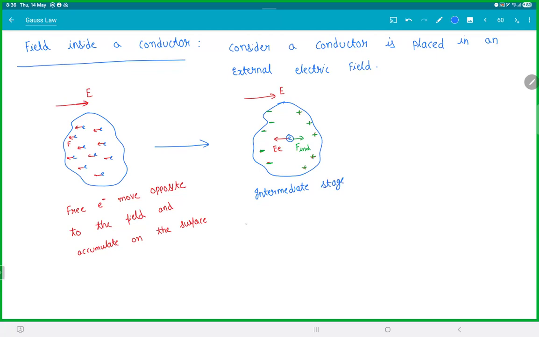So the induced charges, this minus on the surface and this plus on the surface, will create a field in the opposite direction. So we get a field E induced in the opposite direction.